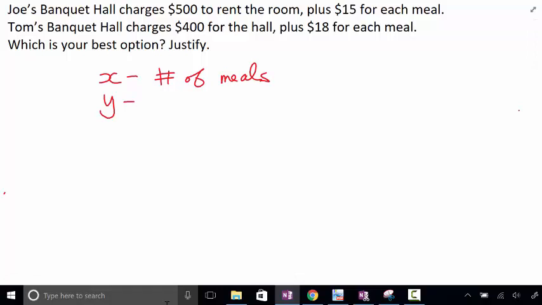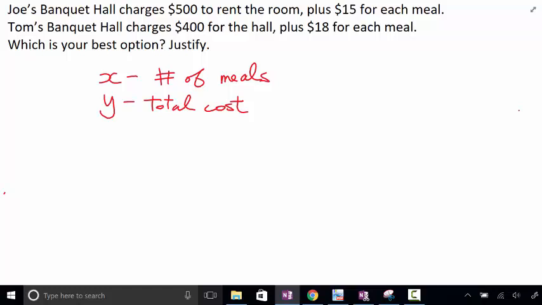Or number of students. Now Y, what is Y going to be then? The total cost. So anytime you're renting or you're trying to buy something, in this case where there's only one thing you're buying, then usually you have a total cost as a variable.